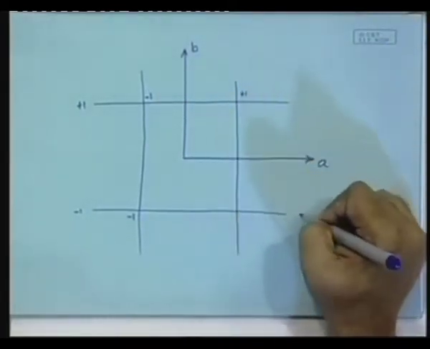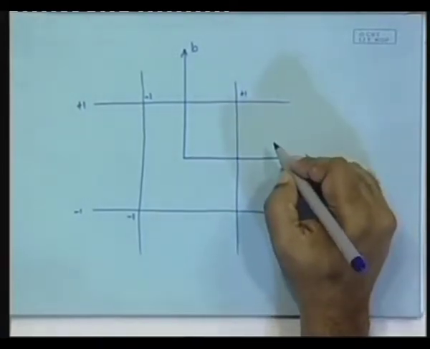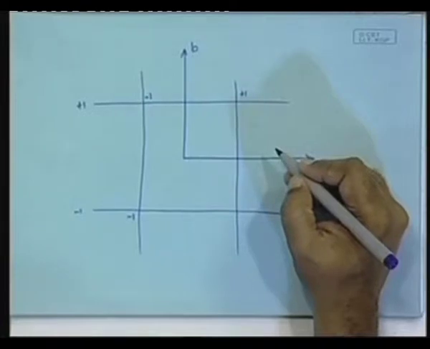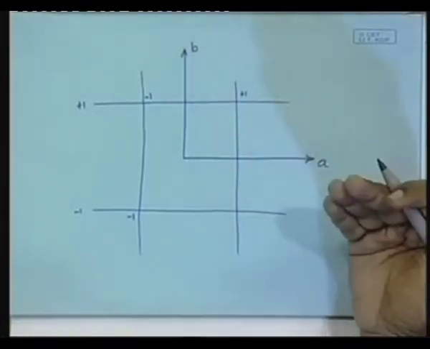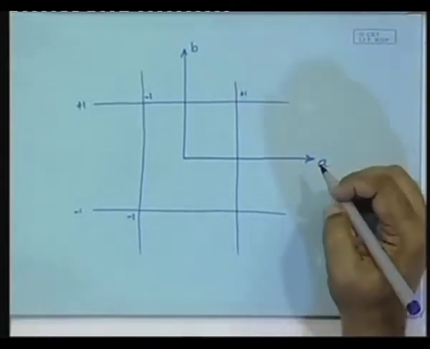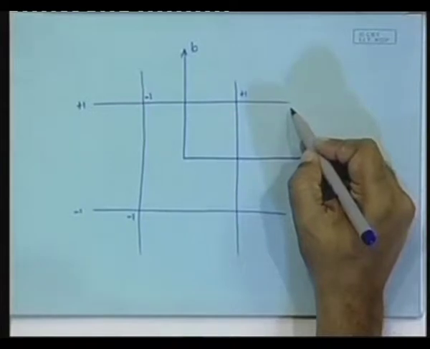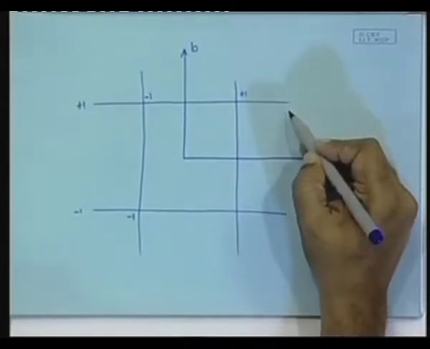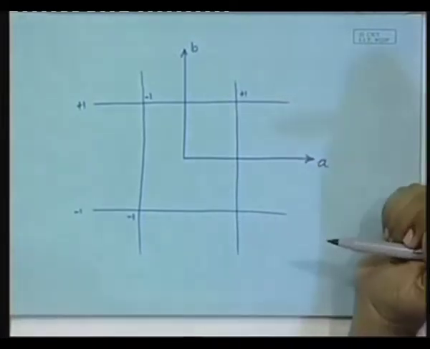In this part we decided that there will be a situation something similar to the border collision, something similar to the fold bifurcation or saddle node bifurcation, but due to border collision, where a pair of fixed points are born and out of that one would be stable and another will be unstable.